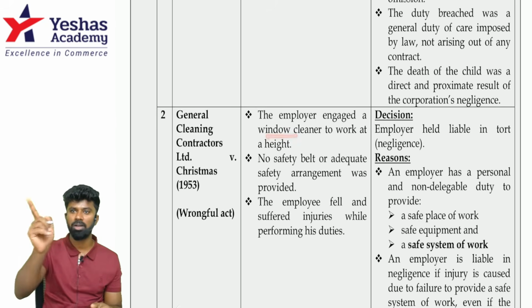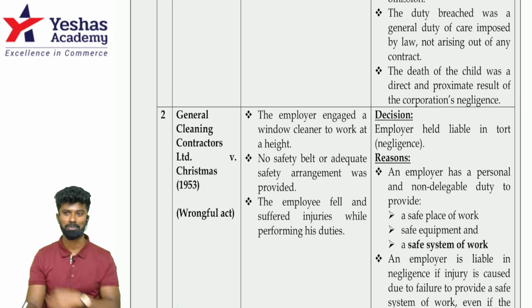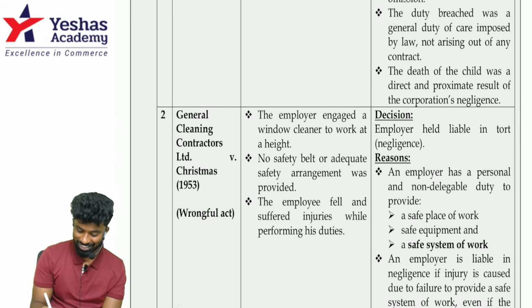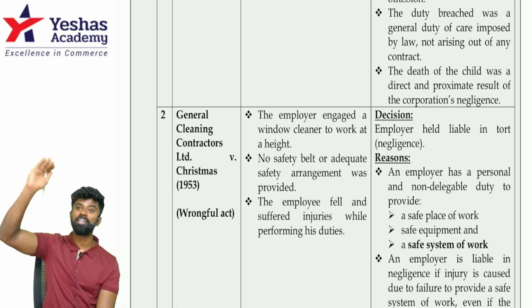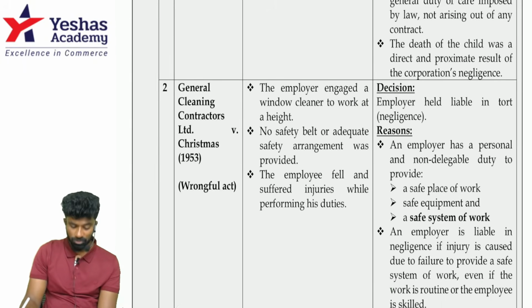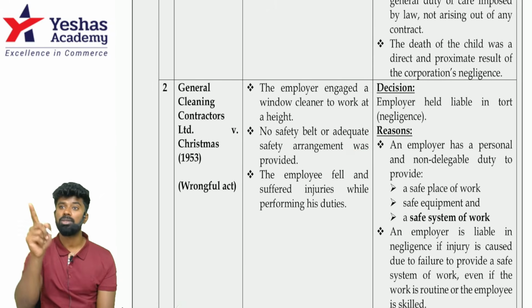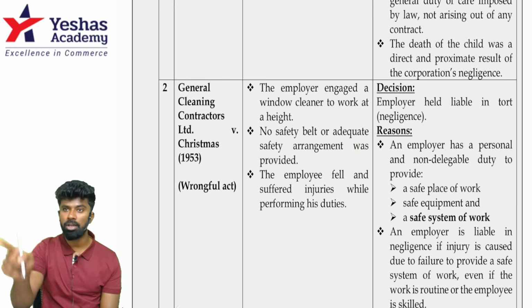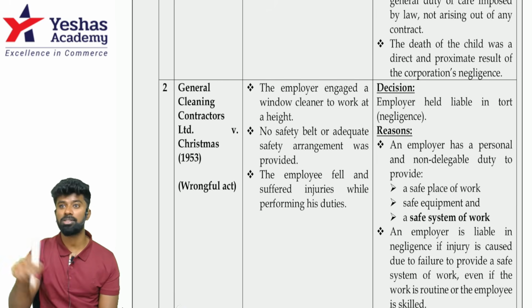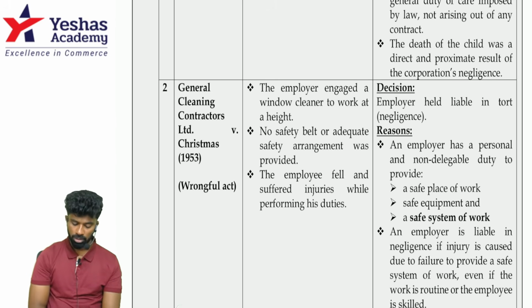Window cleaner. You know who is a window cleaner? The one who cleans the windows is called a window cleaner. Continue. To work at a height. Next one. Is it the duty of the employer to provide adequate safety measures? Yes. He did not provide adequate safety measures. Continue.